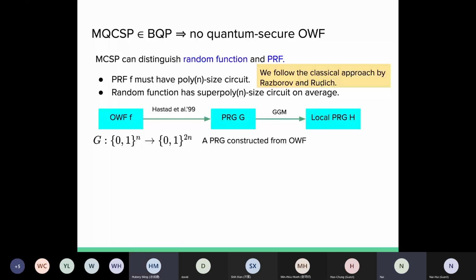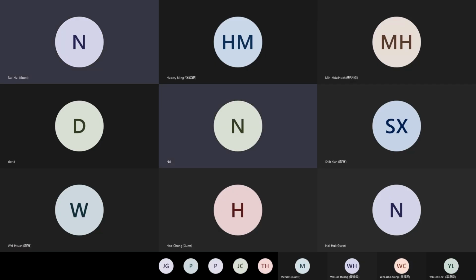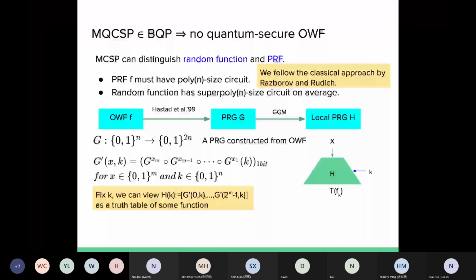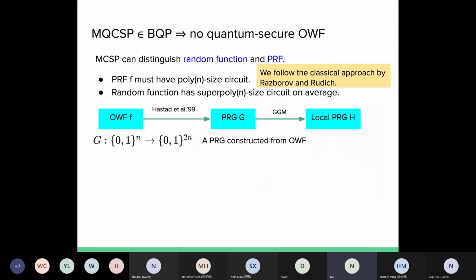Still see your slide, it is fixed. Okay. Let me just go. Okay, good. I think you can see the changes right now, right?